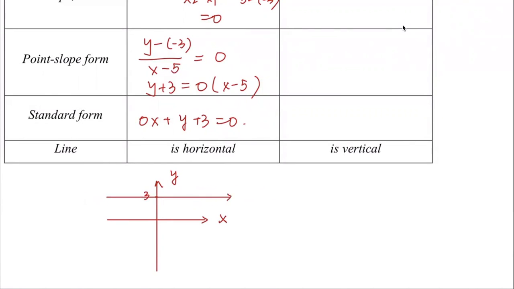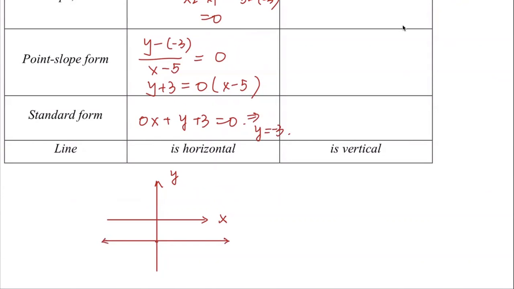So this straight line is y is equal to minus, oh wait, sorry, my bad. So y plus 3 is equal to 0. This can be written as y is equal to minus 3. So the straight line should be this one.